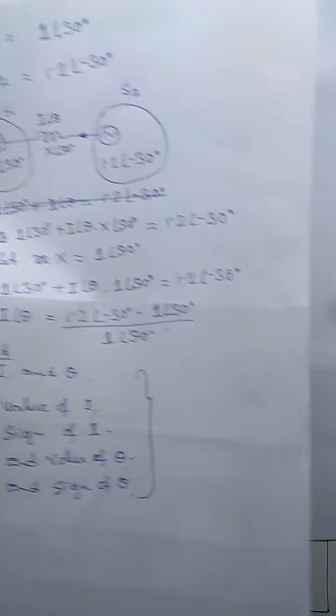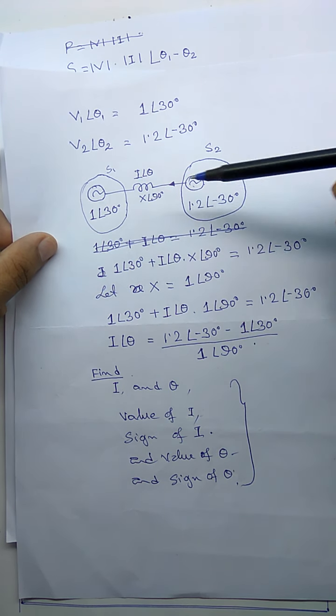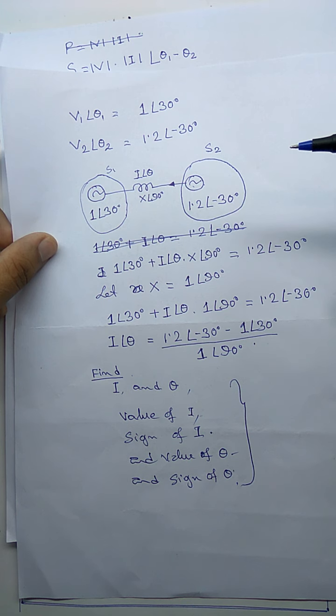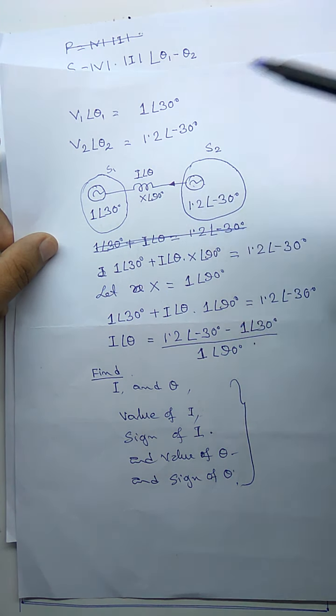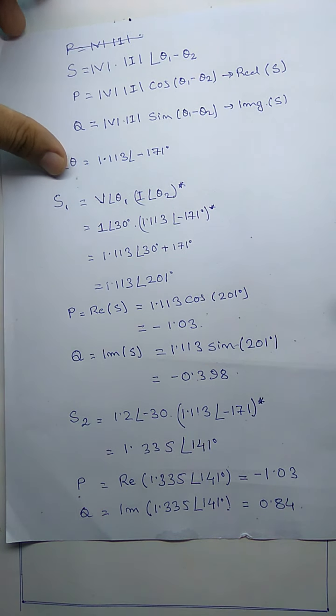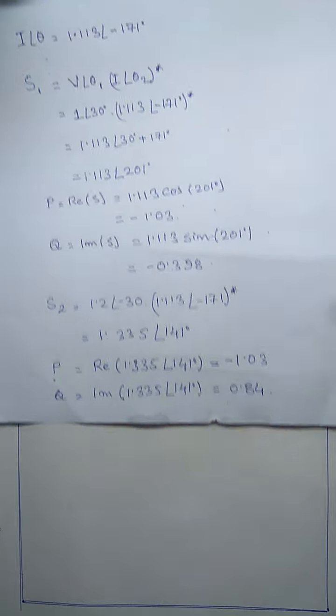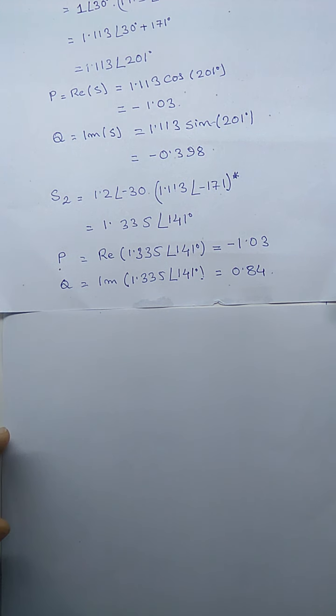Now till now we have calculated the apparent power of this one and the apparent power of this one. There is one more circuit element here, that is this inductance. For this one also we can calculate the apparent power. How to calculate the apparent power for this inductance? For this we have to calculate the voltage across the inductance.